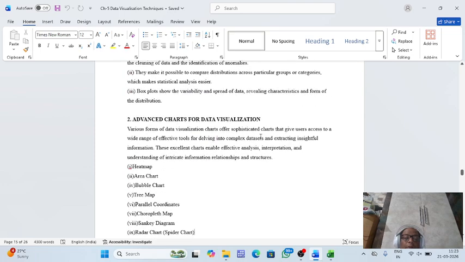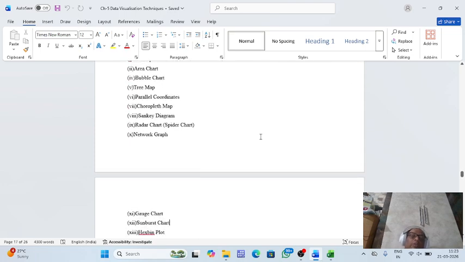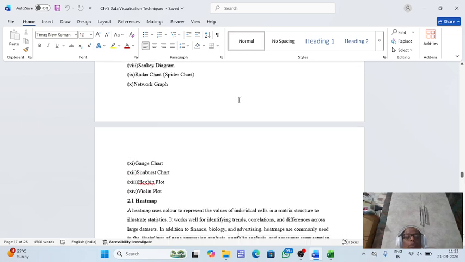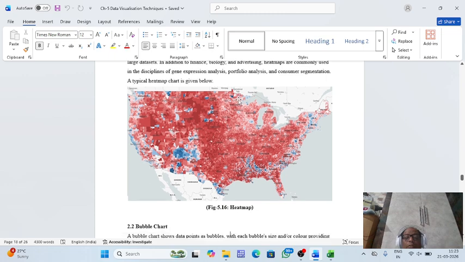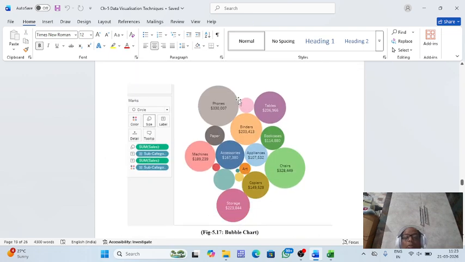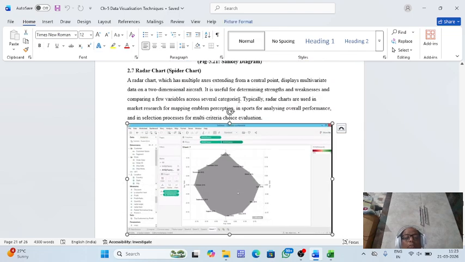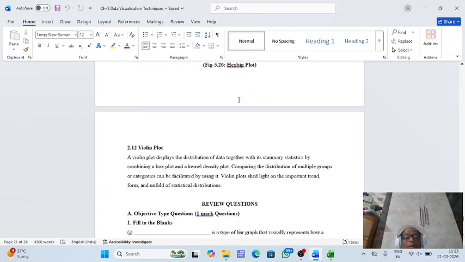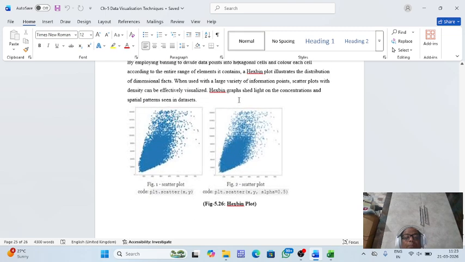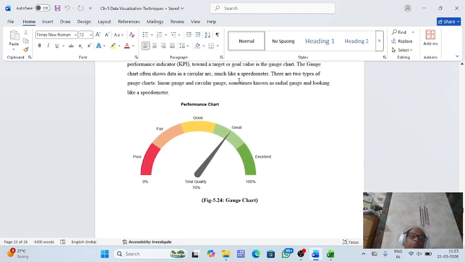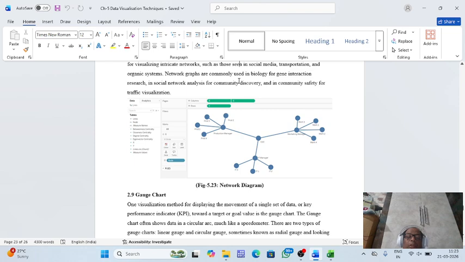Then you have advanced charts, like the heat chart, area chart, bubble chart, tree map chart. We will go through these thoroughly later. This is the heat map chart, bubble chart. Okay, these are different charts which we will get to know when we go to Power BI and Tableau also.